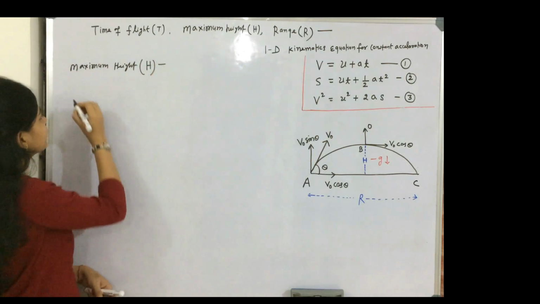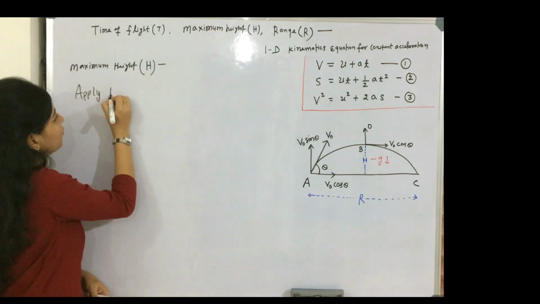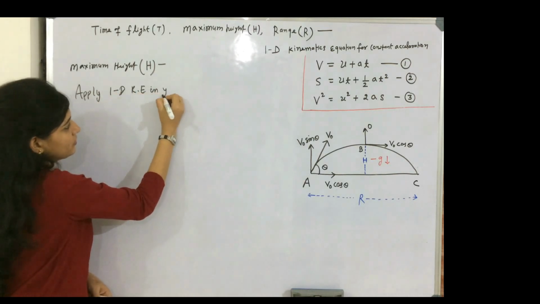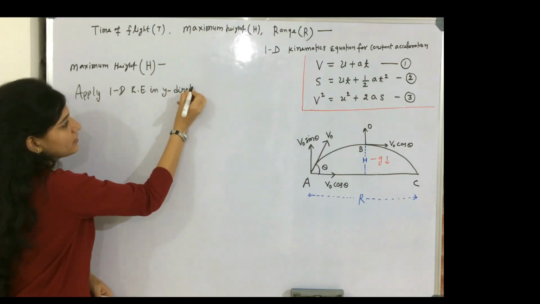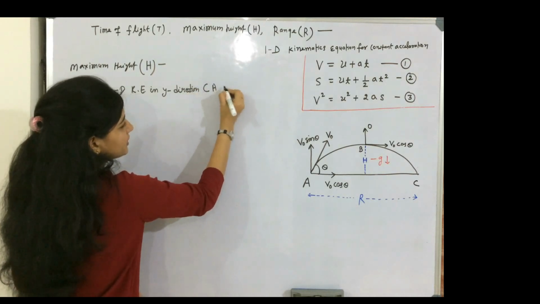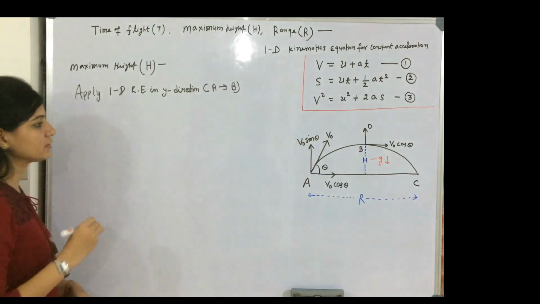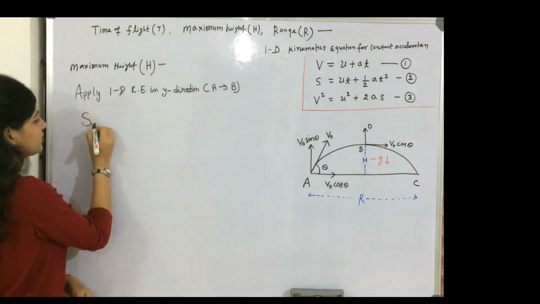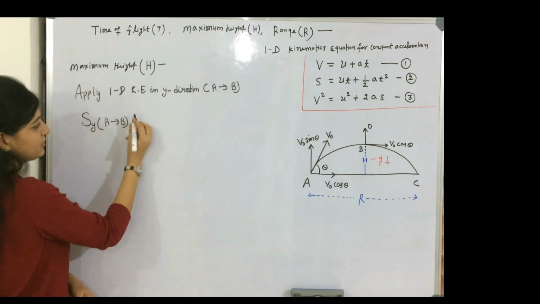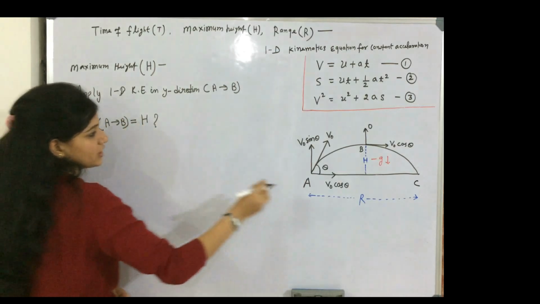While applying the one-dimensional kinematic equation in y direction, from initial point A to the highest point B, the displacement in y direction from initial point A to highest point B is represented by H, which we need to find out.